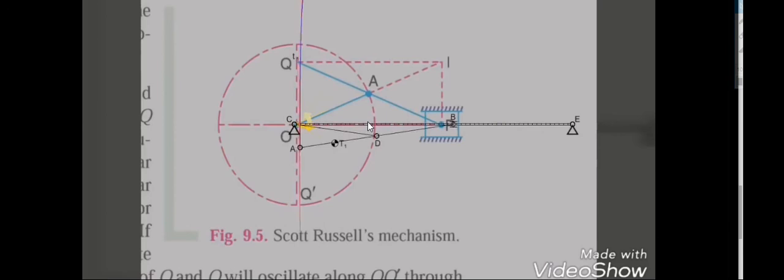That was Scott-Russell's mechanism. Again, just repeating. This is the exact straight line mechanism of Posilier. Posilier's mechanism. Then comes Hart's mechanism, the last one we learned, exact straight line mechanism.